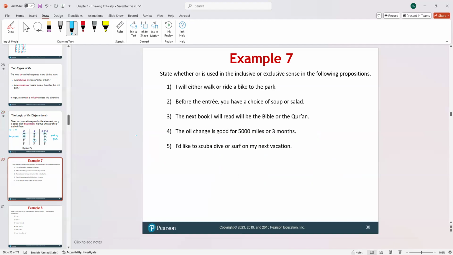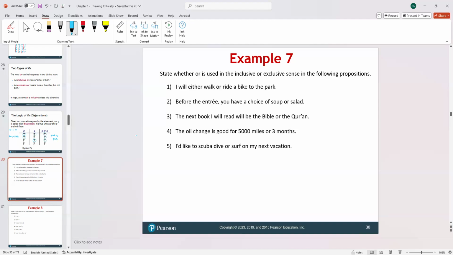We're going to go over some examples very quickly. In this case, we're going to state whether the or is used in the inclusive or exclusive sense in the following propositions.